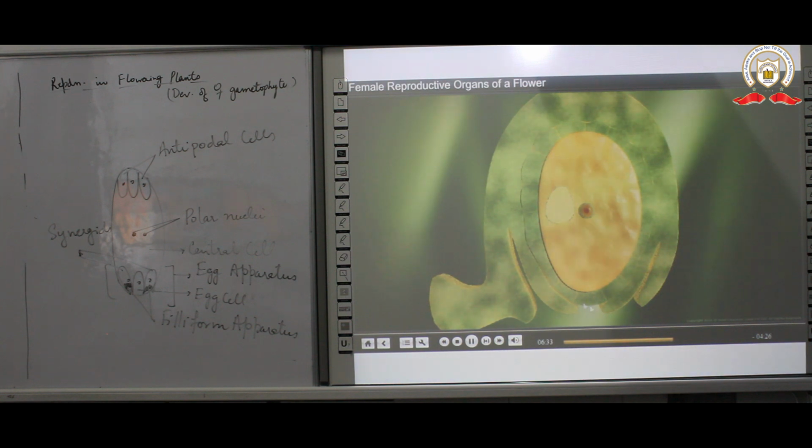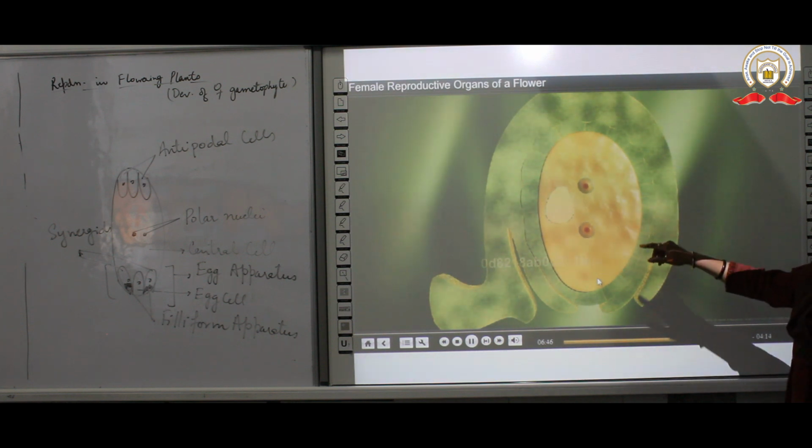Now this single cell is left. This is the megaspore, and this is going to develop into the embryo sac. This single cell, which is the megaspore.